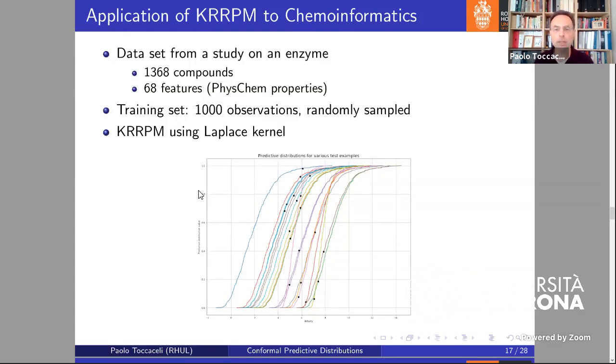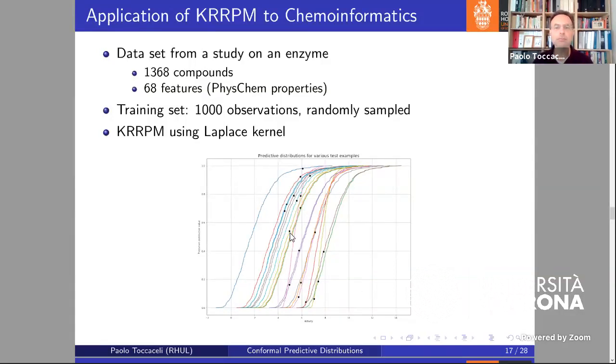And what you see in the graph here is a set of predictive distributions for probably 20 or so test objects, each denoted by a different color. On the horizontal axis is the activity, which is what we want to predict.